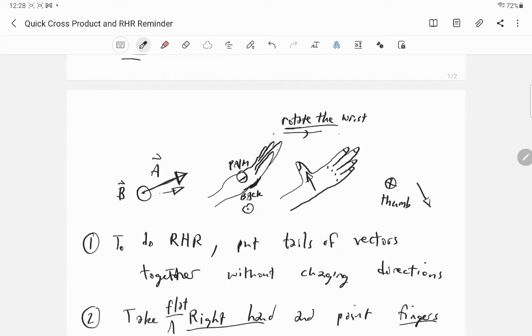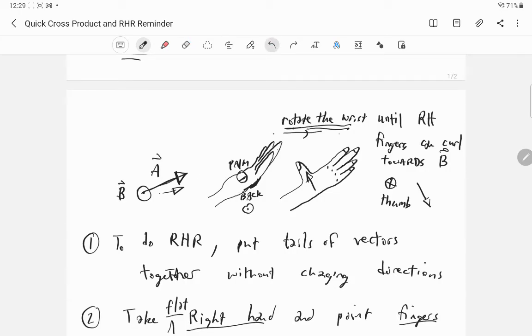So what you do is you rotate the wrist until right hand fingers can curl towards B. Can you see that this picture right here, oh, no, not that one.